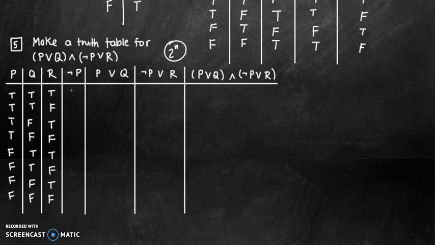Okay, so now we get into building our statement. What I like to do is just get any negation out of the way. That's why I have this not P column. And then I just go from left to right from there. To negate P, we're just going to negate our first column.